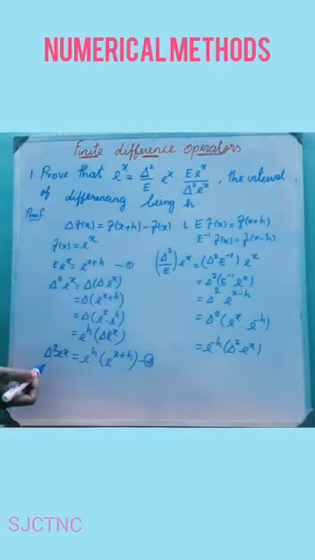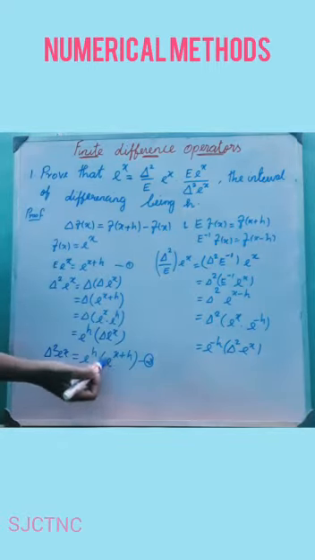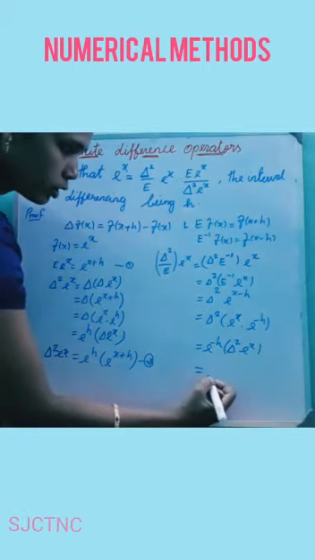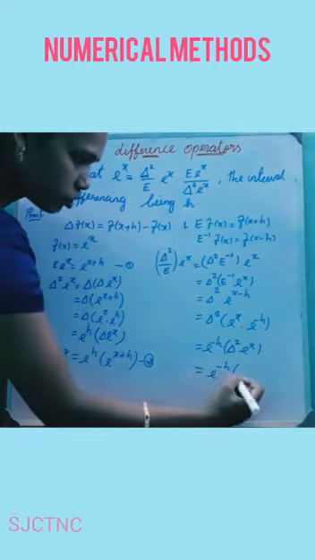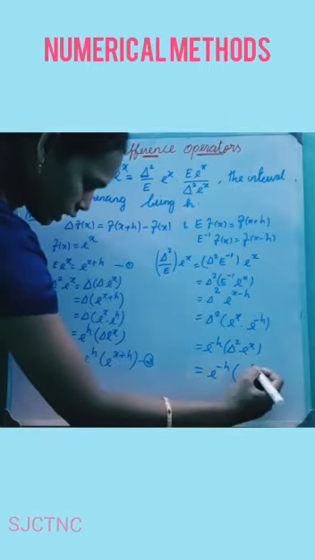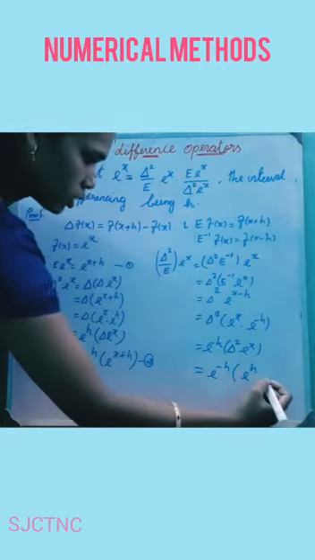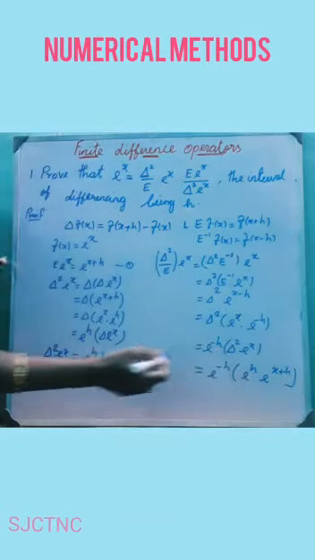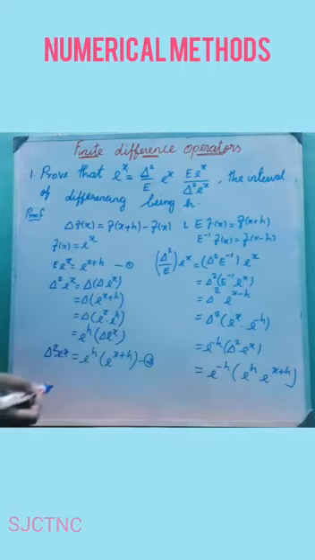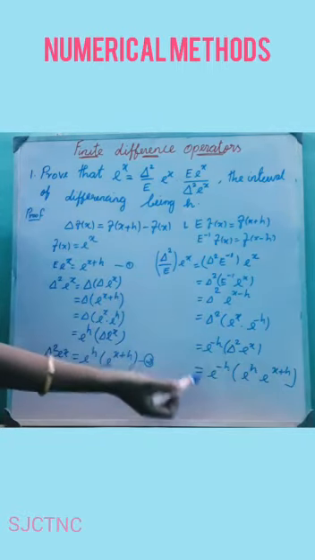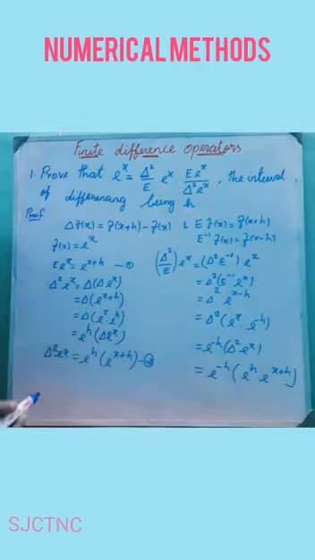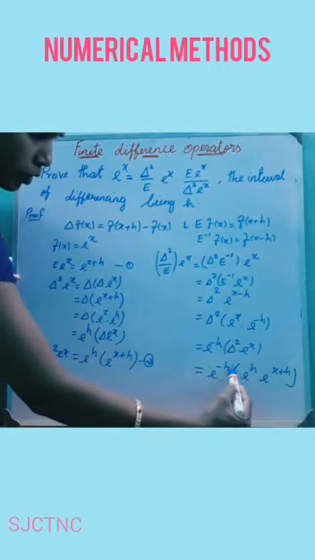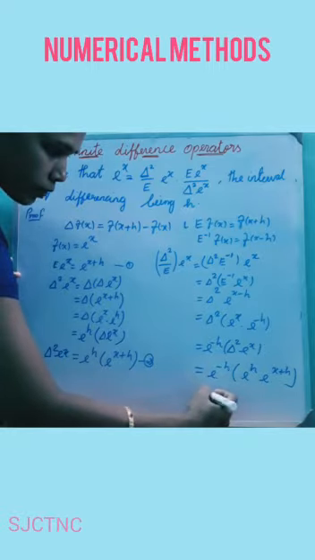We already solved del squared of e power x as e power h into e power x plus h. Substitute the value here: e power minus h into e power h into e power x plus h. The common base has positive and negative powers, and adding those powers we get 0.